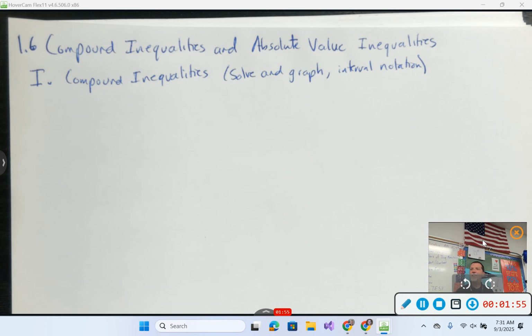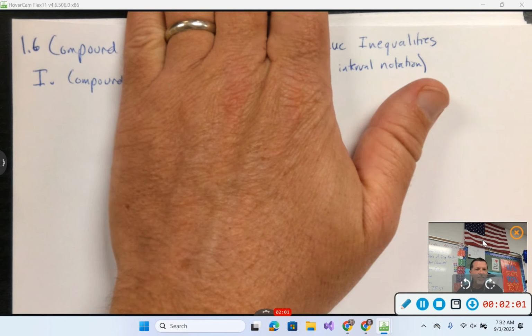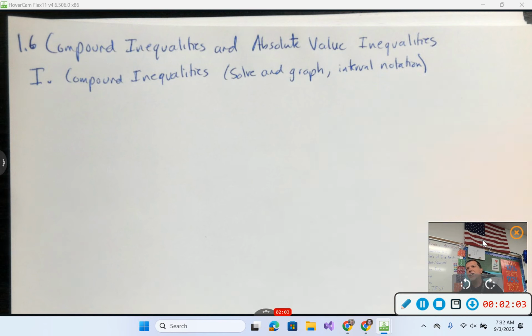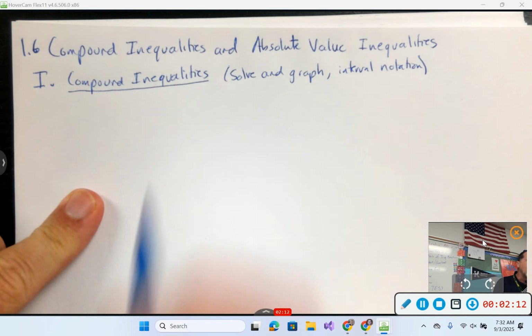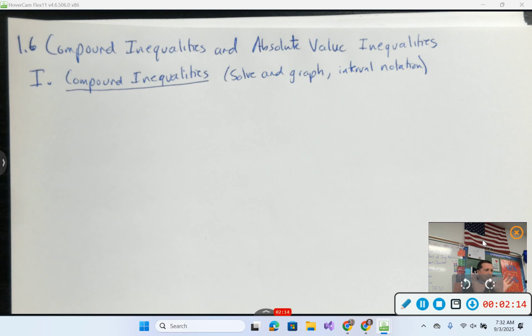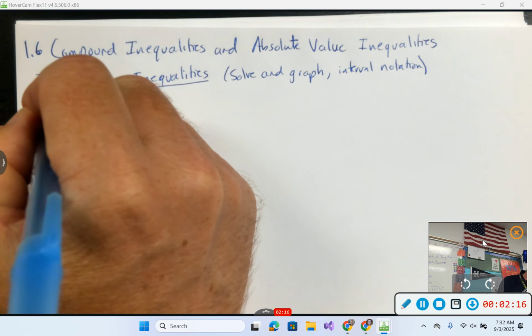I think that's right. That's what a compound inequality is. Two inequalities made into one. So you're familiar with compound sentences. Compound inequalities share some of that same idea, like instead of one sentence it's two, but they're joined together. That's a great way to describe compound inequalities. It's two inequalities, but kind of squished together into one.